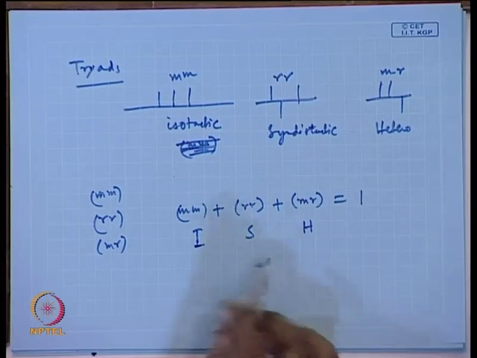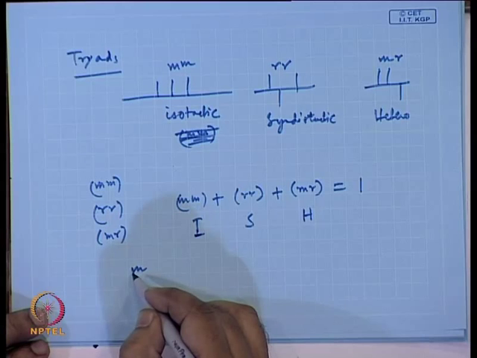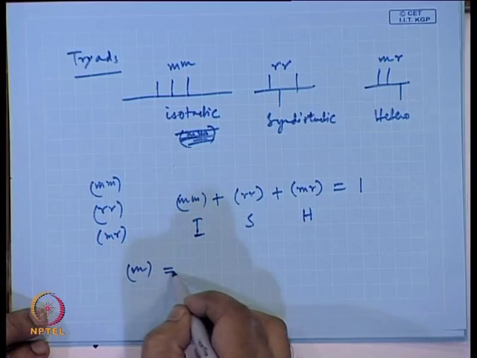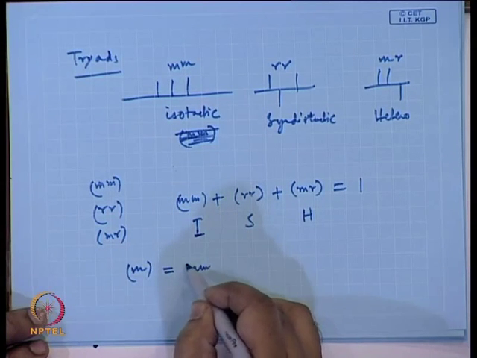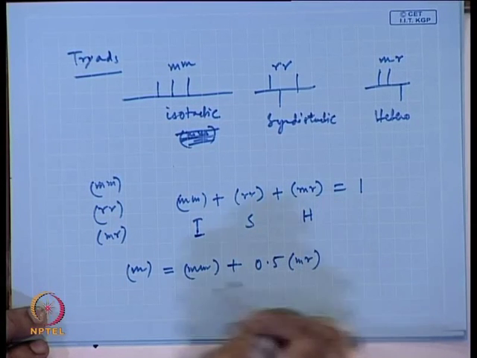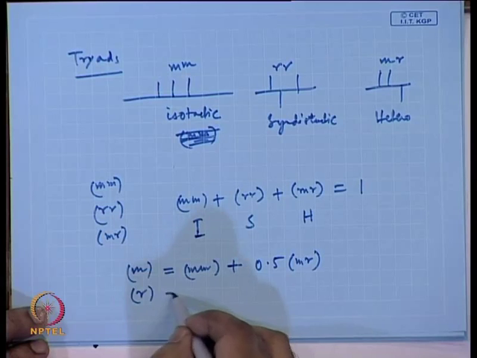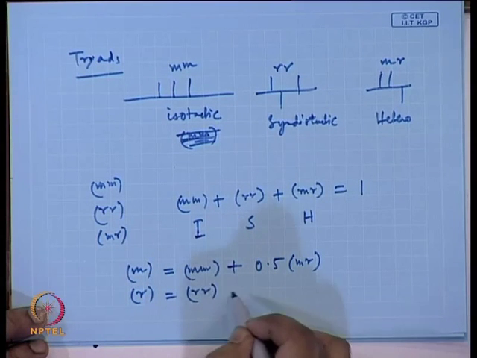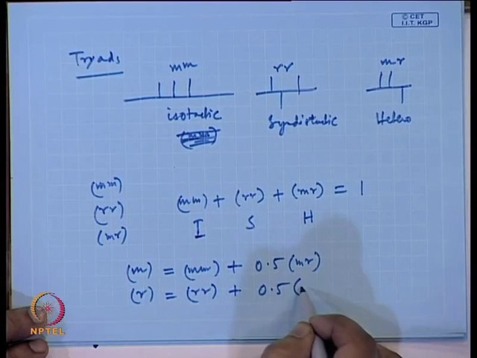Now, we can easily write the dyad fractions from this expression, you can do it yourself: M equals MM plus 0.5 MR, and R equals RR plus 0.5 MR.